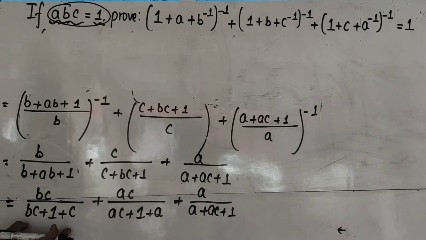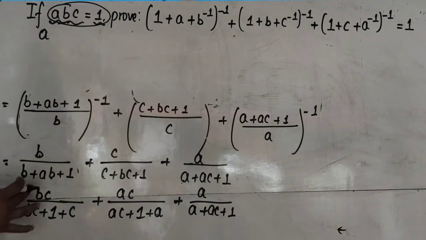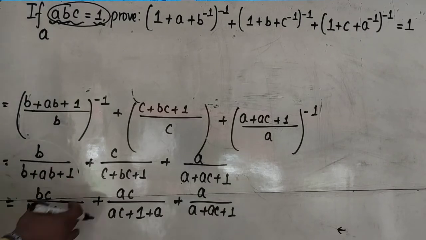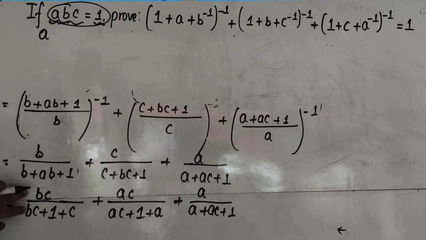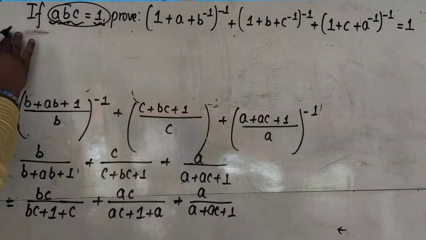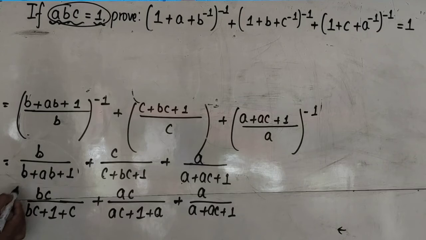Now this denominator is not the same, so I will do the same thing here. Here in this expression, I didn't see A. So I will multiply this numerator by A and the denominator also by A. When I multiply the numerator by A, I get A into B into C, which becomes ABC, and the value of ABC is 1. In the first term I didn't see A, so I multiply the first expression by A in the numerator and A in the denominator.